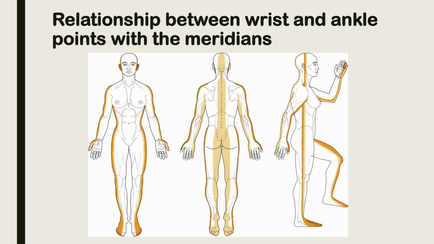For example, the Shaoyin meridian is located at the middle of the body, which is similar to Area 1 on wrist and ankle acupuncture system. From anterior to posterior, the order of the meridians is as follows: Shaoyin, Juyin, Taiyin, Yangming, Shaoyang, and Taiyang. This is similar to longitudinal areas 1 through 6.